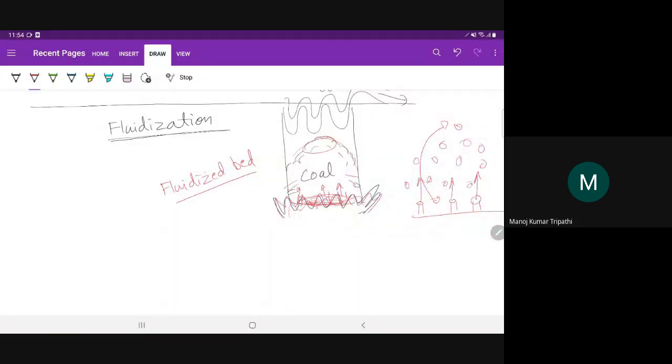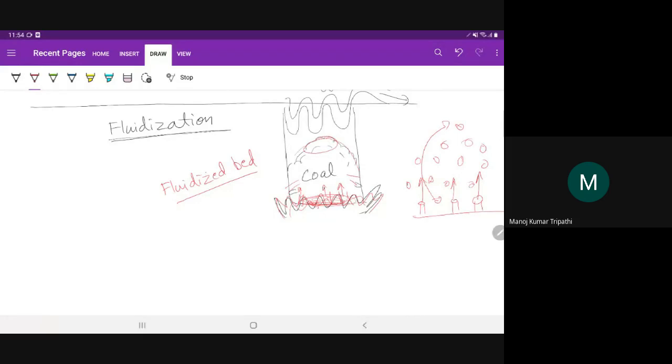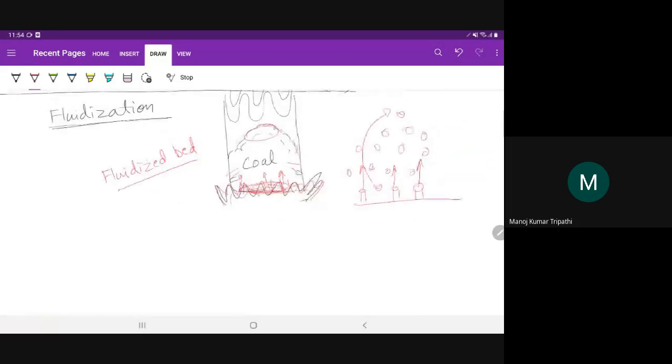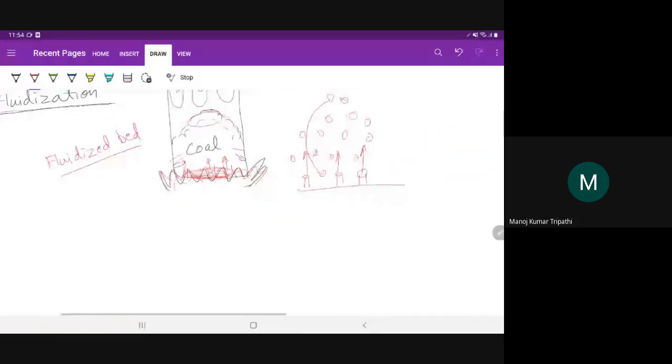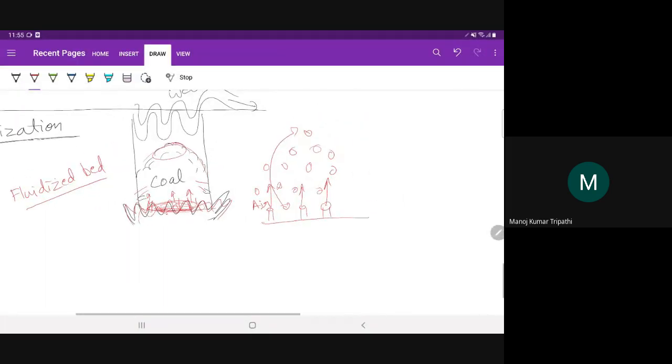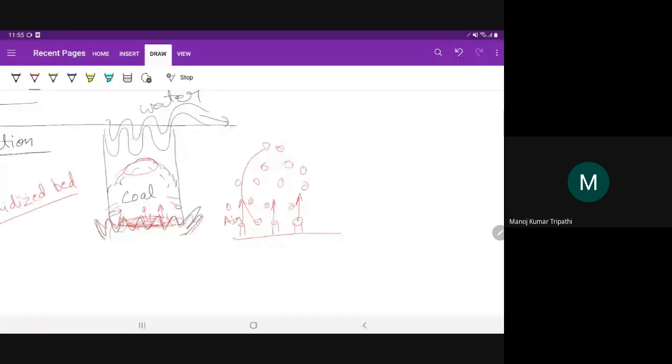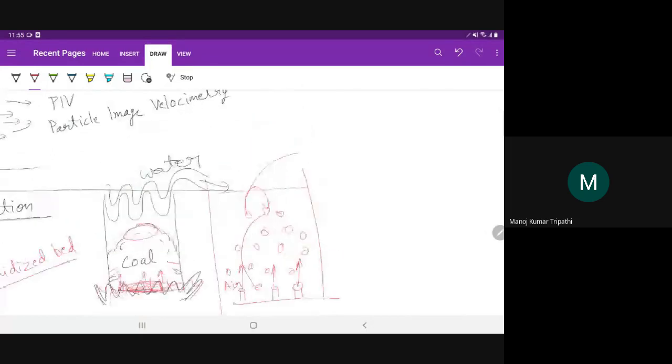We have not gone into the details, the equations and all that, how much velocity you need to give to actually fluidize it, what is the limit of the velocity of the air that you should provide from the bottom so that the coal remains within this chamber, so that the coal particles just fly off to a certain extent and then they come back, because you don't want them to just fly off away somewhere, right?